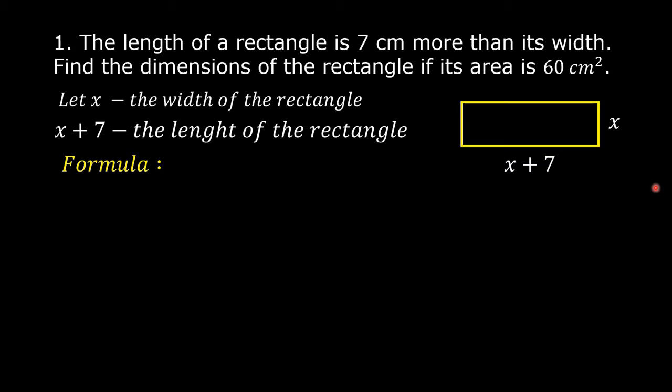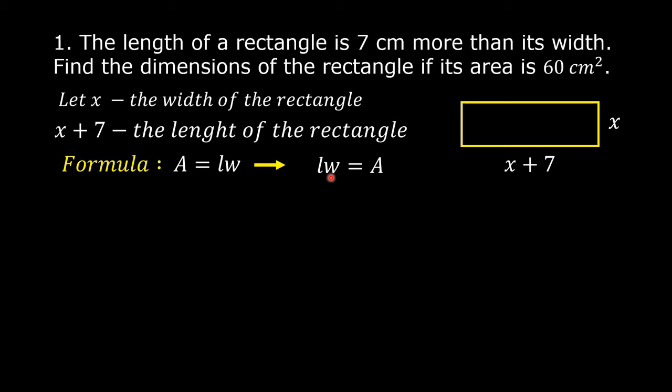The formula for finding the area of a rectangle is A is equal to L times W. A means area, L length, W width. This can be written as L times W is equal to A by reflexive property of equality.